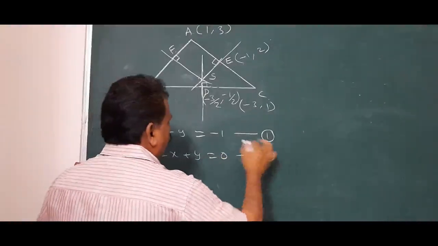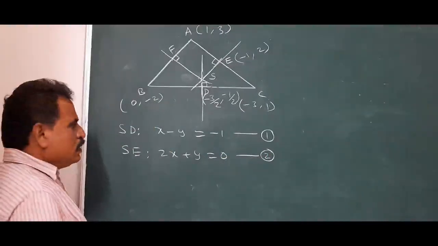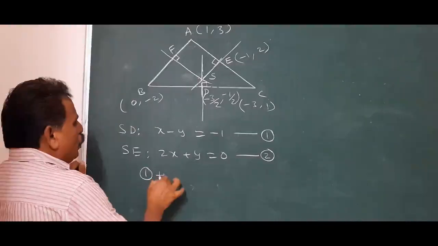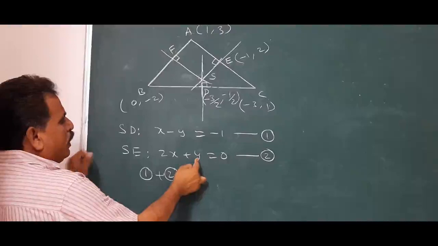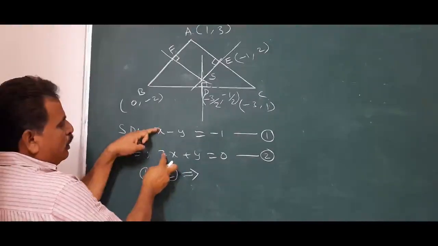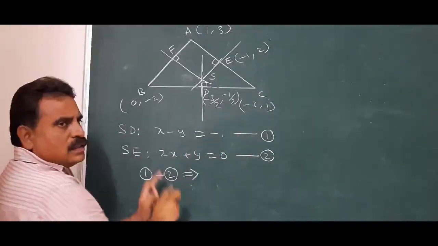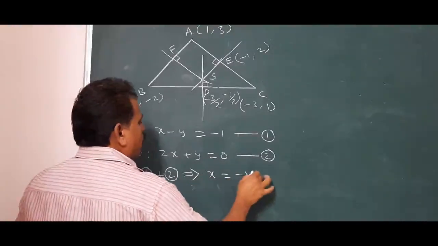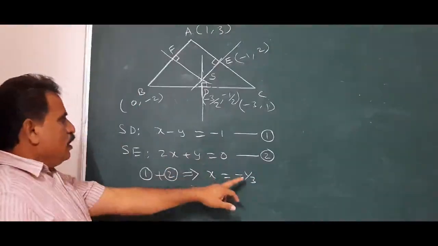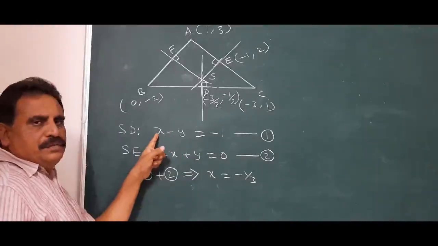It is equation 2. Look here, by observing the lines, adding 1 and 2, simply we get minus 5 plus 5 cancel. X plus 2y is 3x equal to minus 1. X equal to minus 1 by 3. That x equal to minus 1 by 3, substitute here.